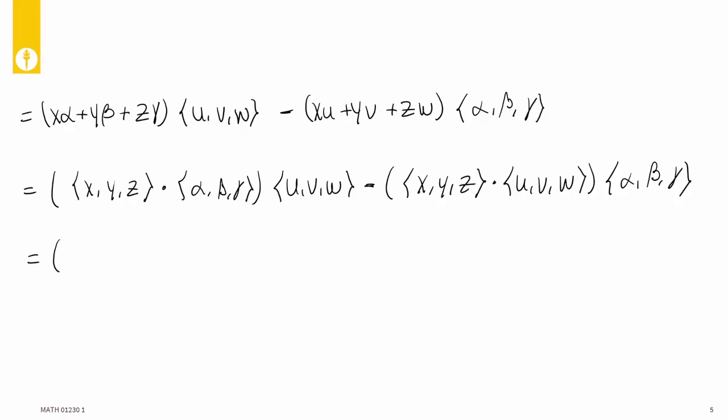XYZ was what vector? What about alpha, beta, gamma? And what was UVW? Which is what we were originally trying to get.